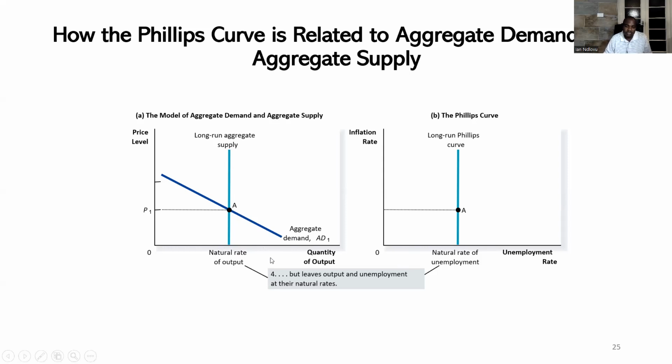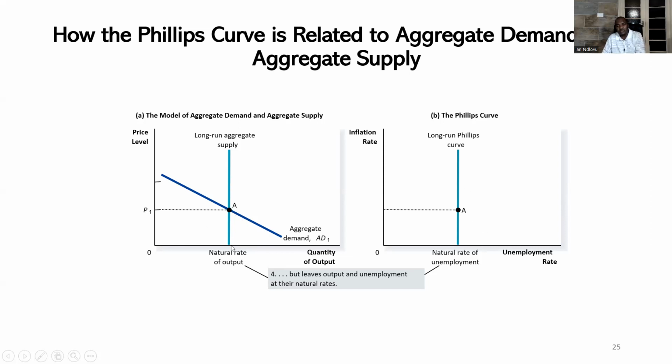So if that is the case, it implies that any expansionary or contractionary policies that are meant to affect aggregate demand would just yield a movement along the same fixed long-run aggregate supply curve.